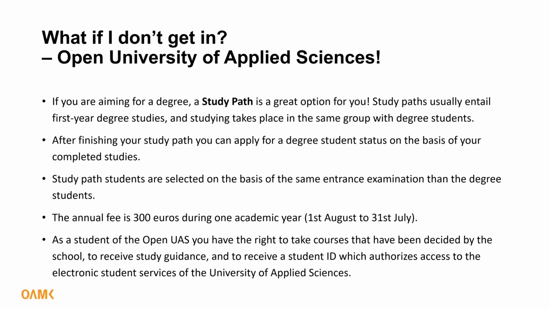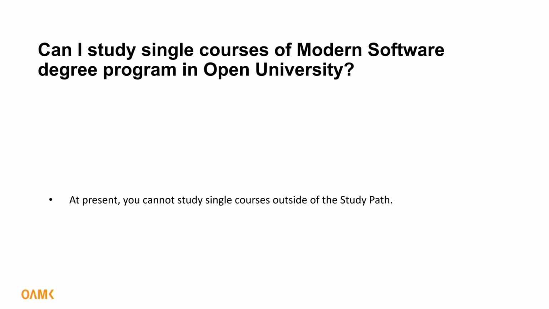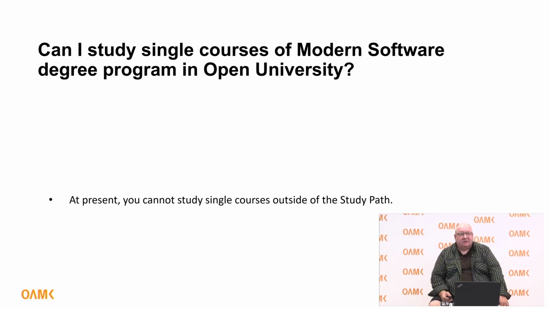And one thing more, you cannot study the individual courses of the software program using the open path. You can only study the courses when you get into this study path program. So, okay, here it says you cannot study single courses outside the study path.